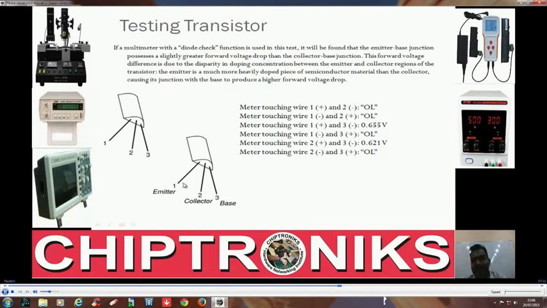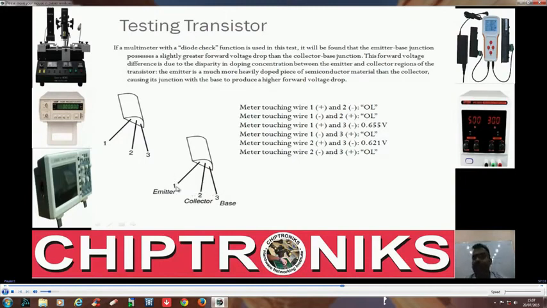That is, in any kind of transistor, be it PNP or NPN, the emitter-base junction potential is slightly higher than the collector-base junction potential. Why is this? Because in any transistor, the doping concentration between emitter and base is slightly higher than the doping concentration between collector and base.